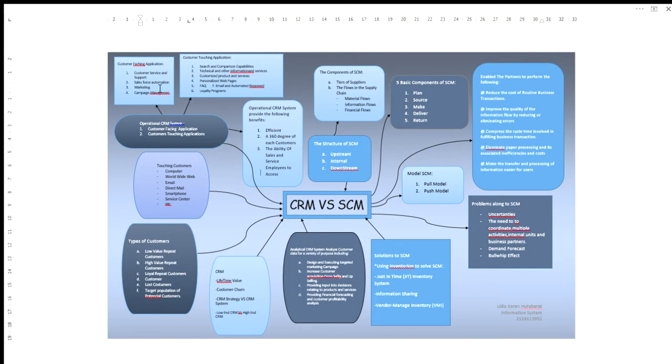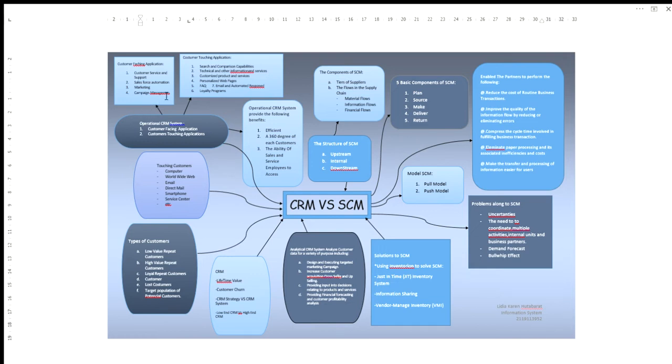Two, sales force automation. This section is often used in insurance. For example, all the data is already available on the customers, such as the date of birth, which is notified in the form of a notification. Number three, marketing, namely how someone can market or introduce our product in the form of STP: target, segment, and positioning.